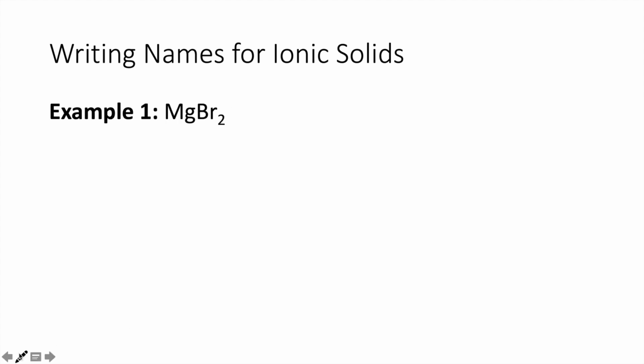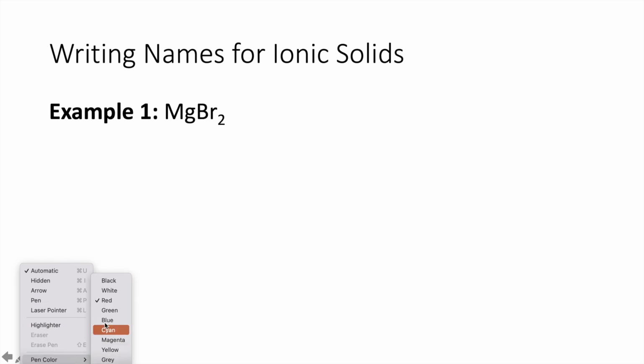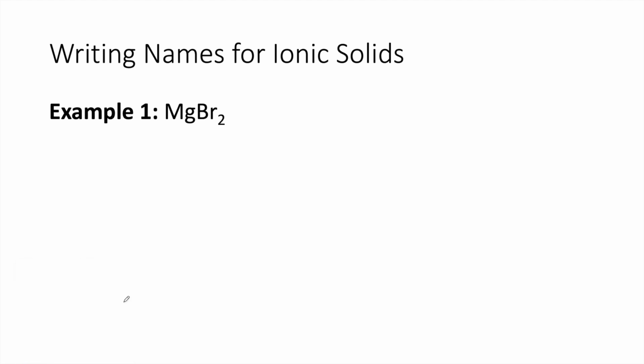So let's do some examples with this. So we've got MgBr. Well, once again, you're going to need your periodic table because you're going to need to look up what the symbols of all these are. If you look for Mg, you'll find that it's the element magnesium. So I'm just going to write magnesium. Magnesium is a part of group 2 on the periodic table, which means no Roman numerals necessary.